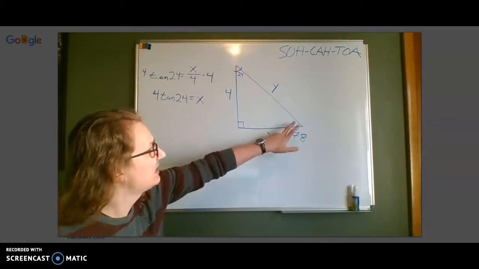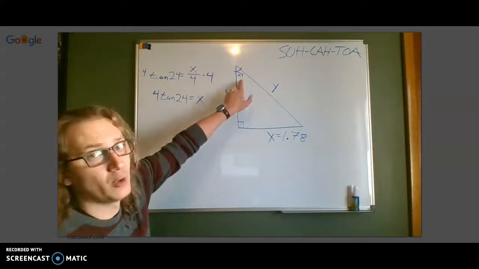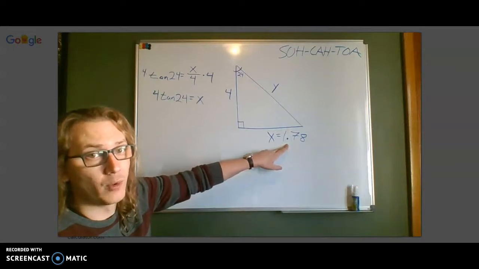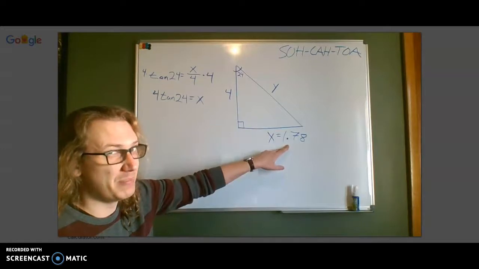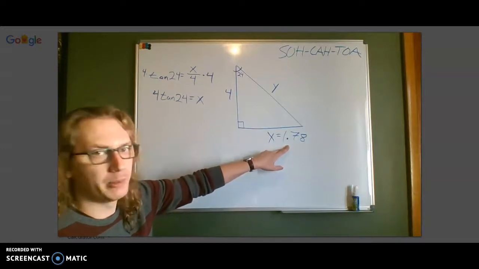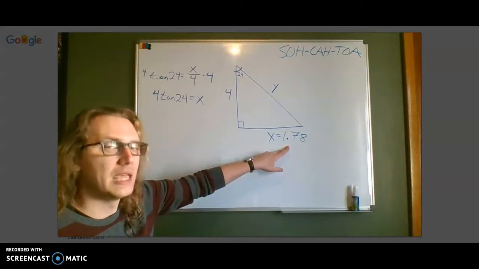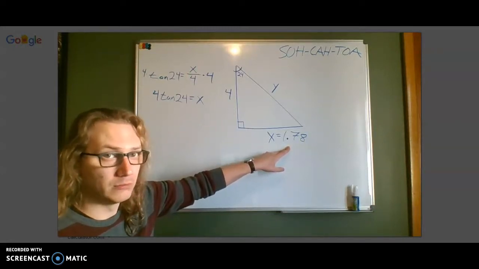So if a 66-degree angle is producing a 4, the much smaller 24-degree angle should give me a smaller answer. 1.78, therefore, seems reasonable. If I had gotten anything bigger than 4, it probably would be wrong. If I got a negative, well, that's just right out.